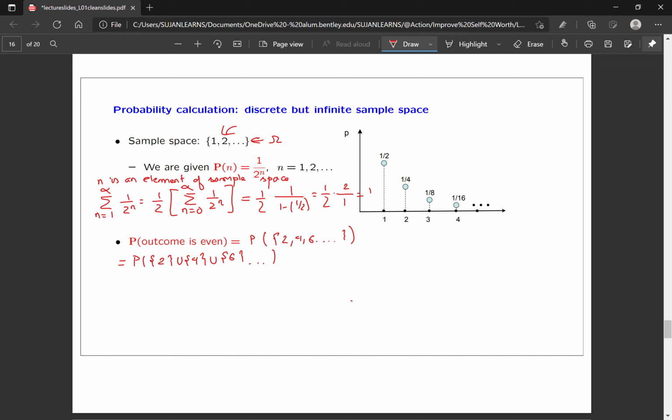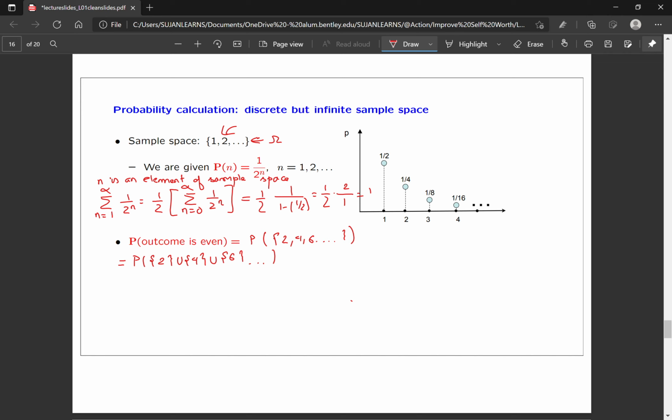What we see is that these little sets are distinct in nature, because if you look properly, all these numbers are different.